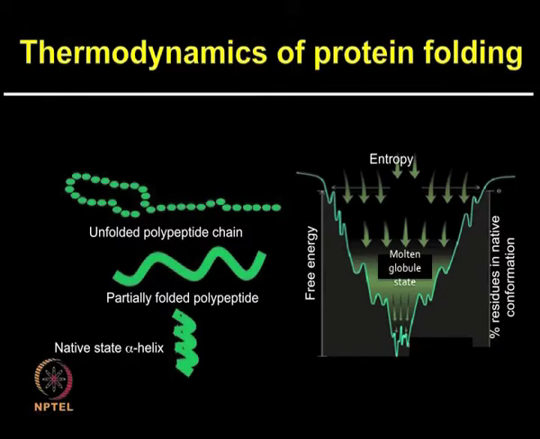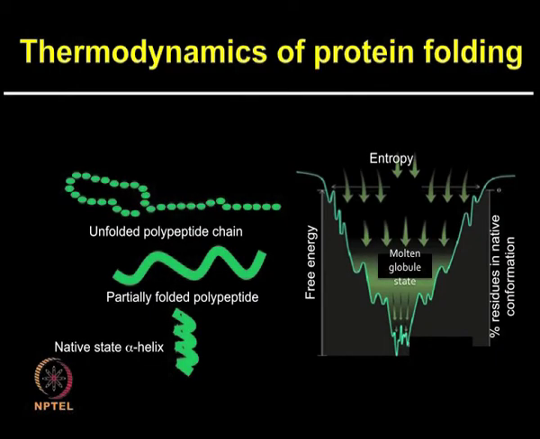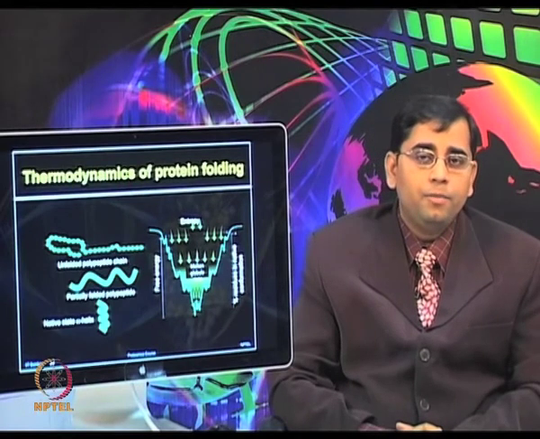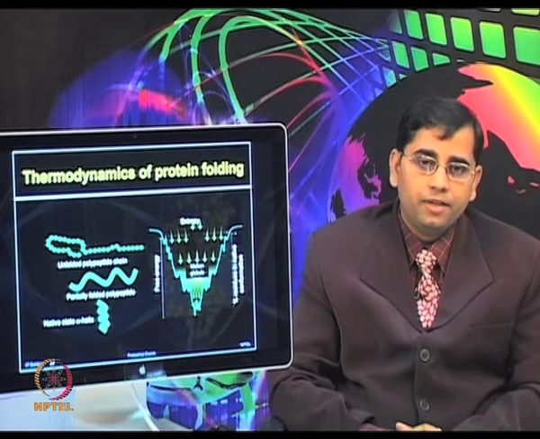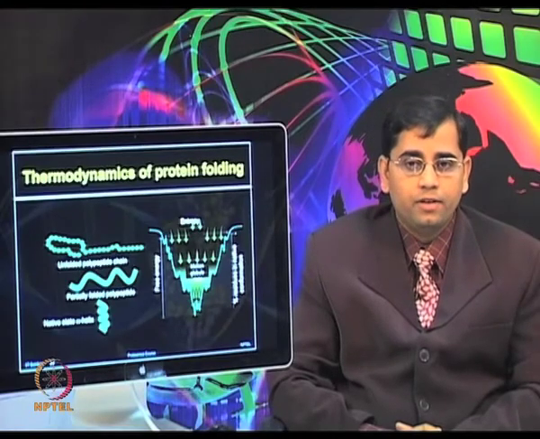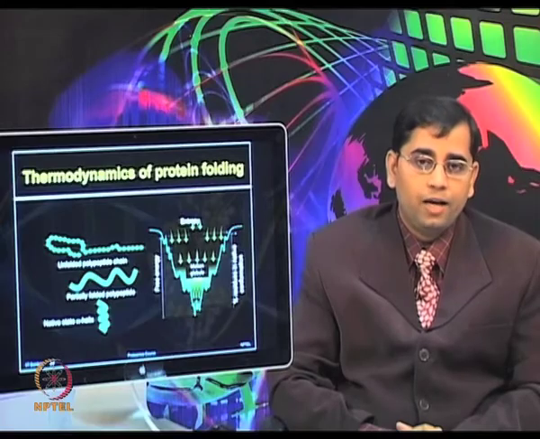The initial collapsed state of the protein with very little thermodynamic stability is known as the molten globule. The amino acid side chains are extremely disordered in this state and several fluctuations can be observed, as you can see from these arrows.